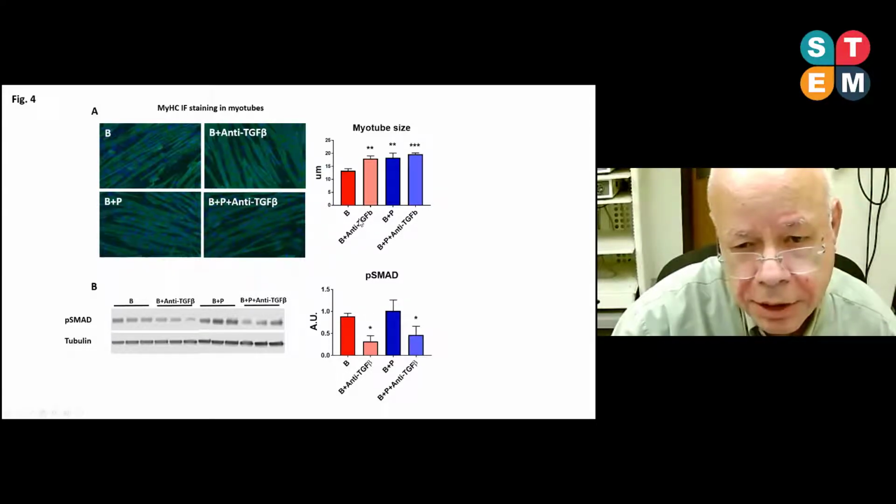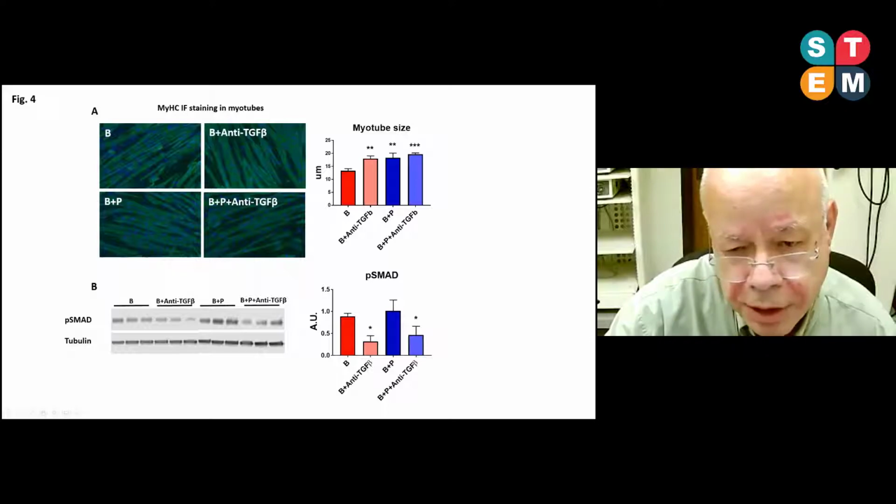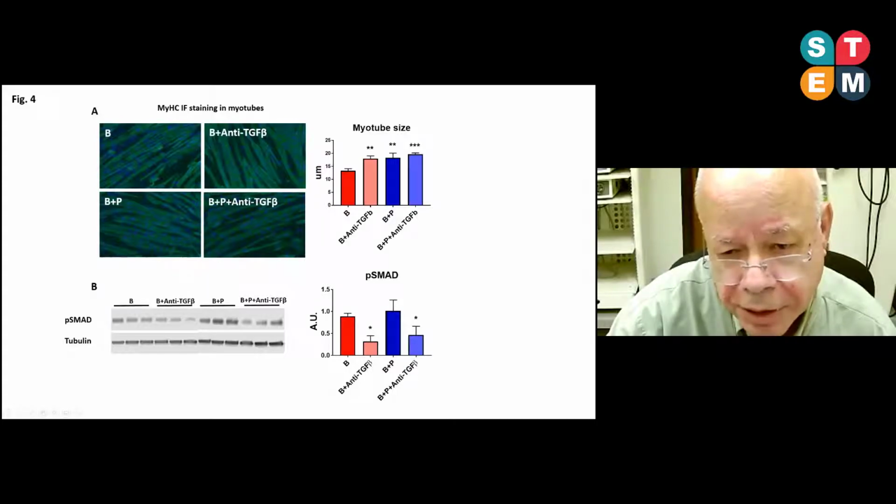And on top of that, when the anti-TGF-beta antibody was added to the cultures with bisphosphonate treated serum, you can see that there was virtually no difference.